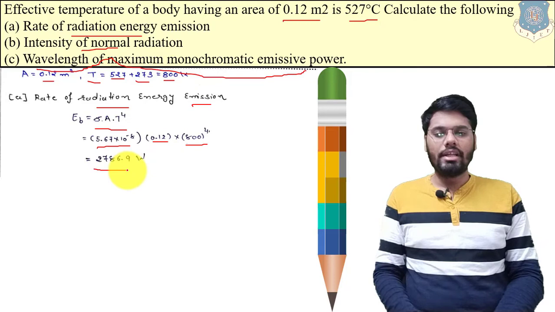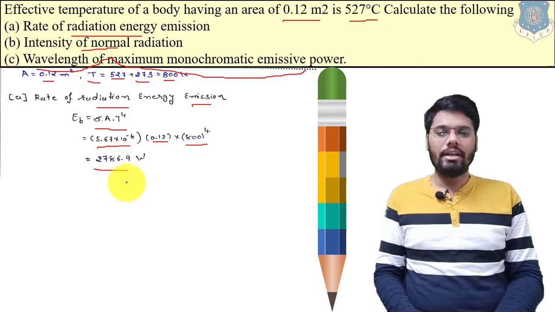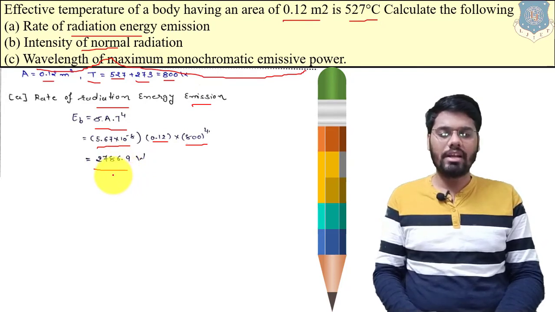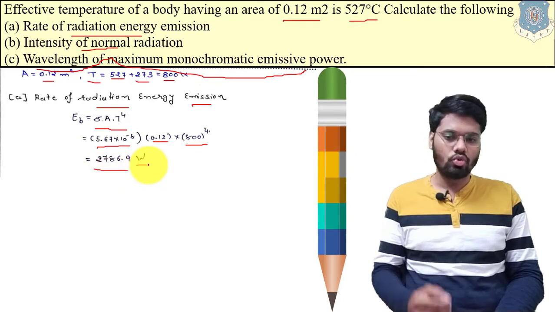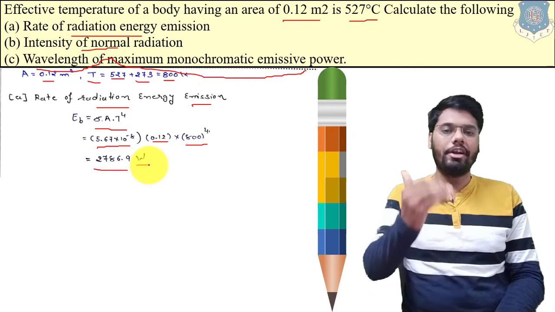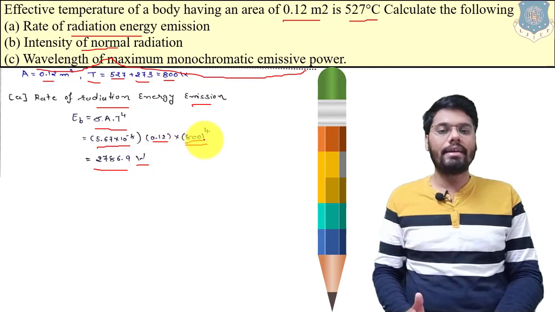By calculating these values, the rate of energy emission is 2786.9 watt. This watt, joule per second, represents the rate of radiation emission at 800 Kelvin.